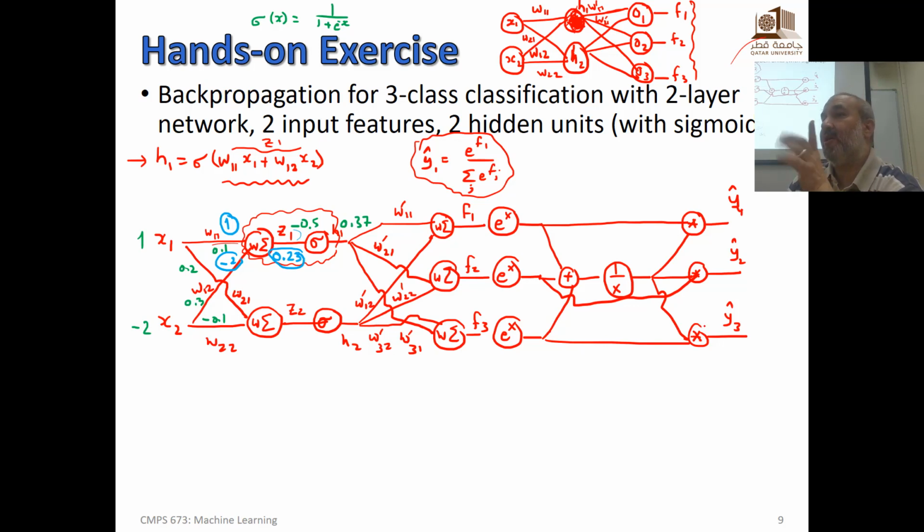The loss. Are we ready to compute the loss? If you remember the cross entropy, if we're talking here about the cross entropy loss function, what is it? Minus log. Minus log what?